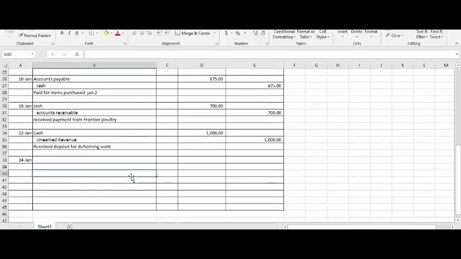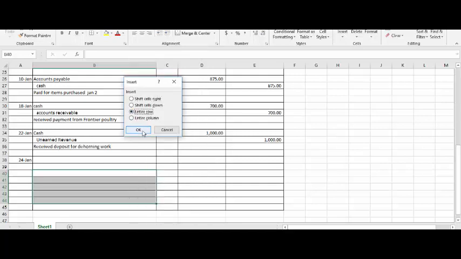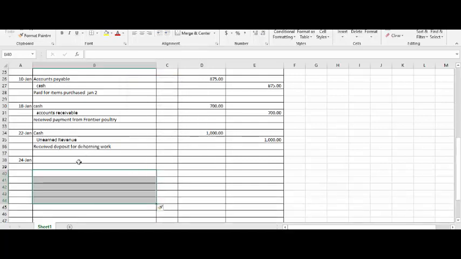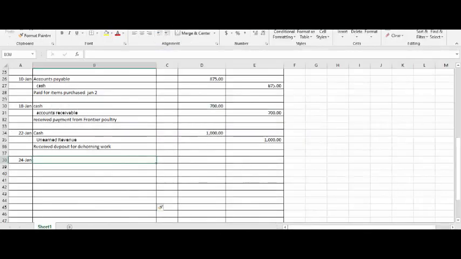I'm going to need a little bit more space. And on the 24th, Wendy Wellsummer withdrew $100 cash from the practice to pay personal expenses. So the fact that it's personal expenses means that it's not a business expense, but it's a drawing.